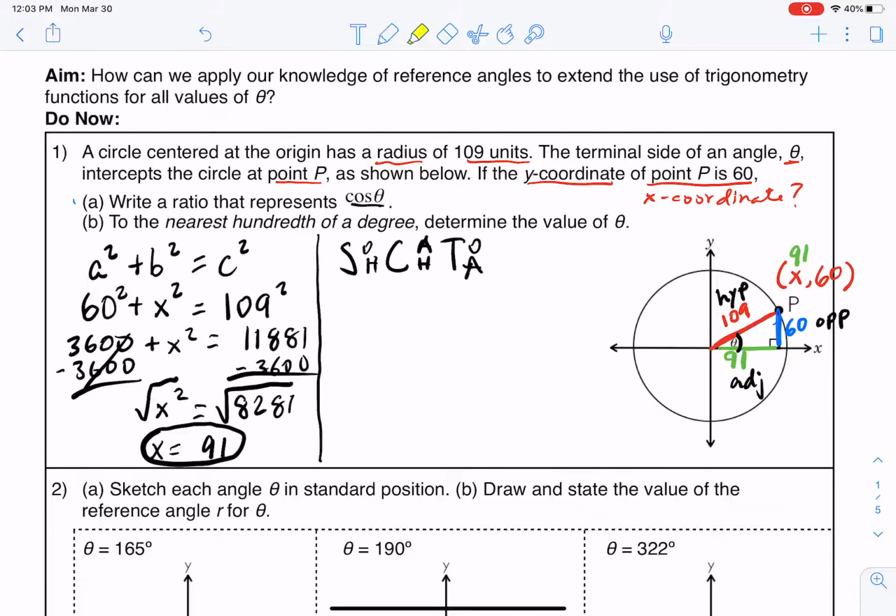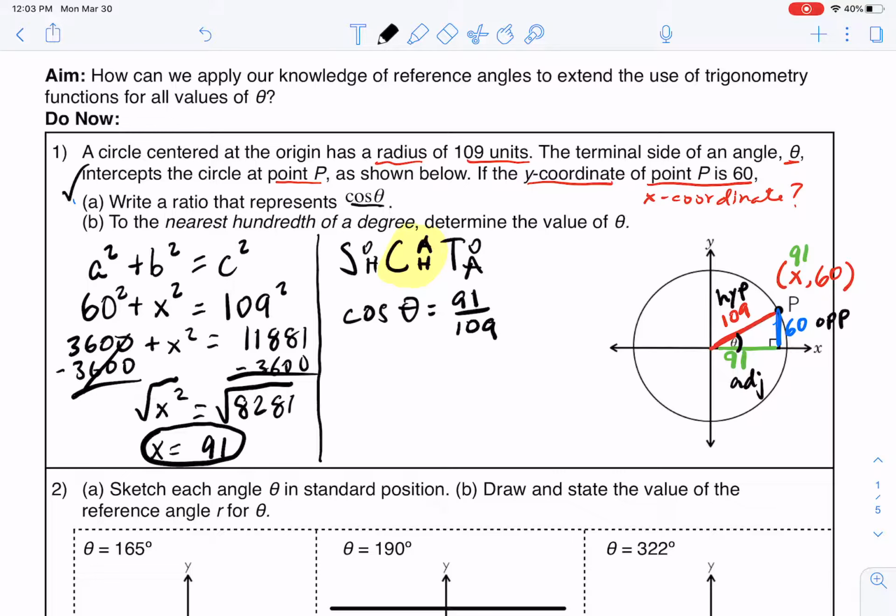What we're interested in here is cosine. So that's the adjacent side over the hypotenuse. So I can write cosine of theta equals 91 over 109. Great, so we've done part A.